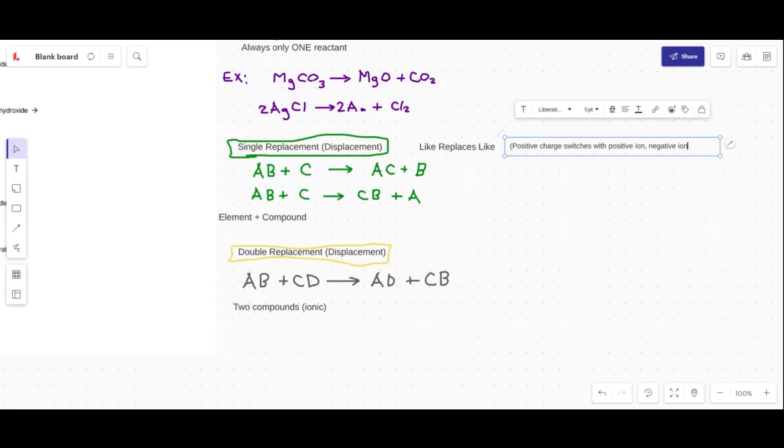Negative ion switches with a negative ion. It's the charge that matters, not necessarily so much whether or not it's a metal or a nonmetal.